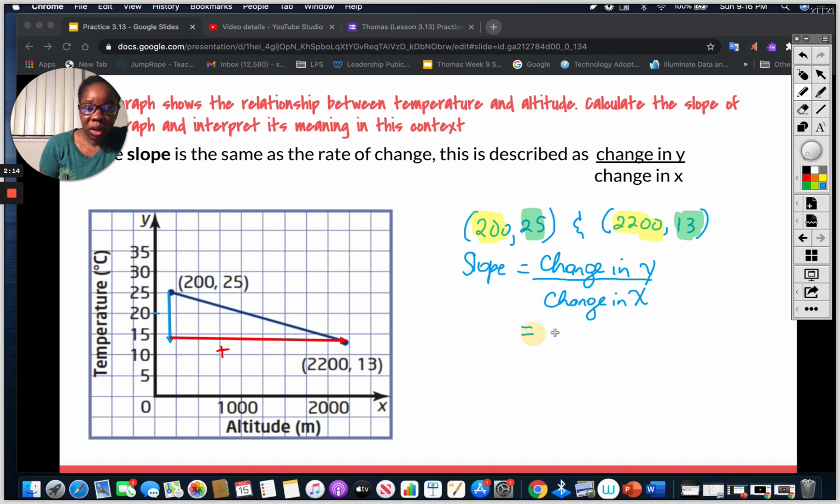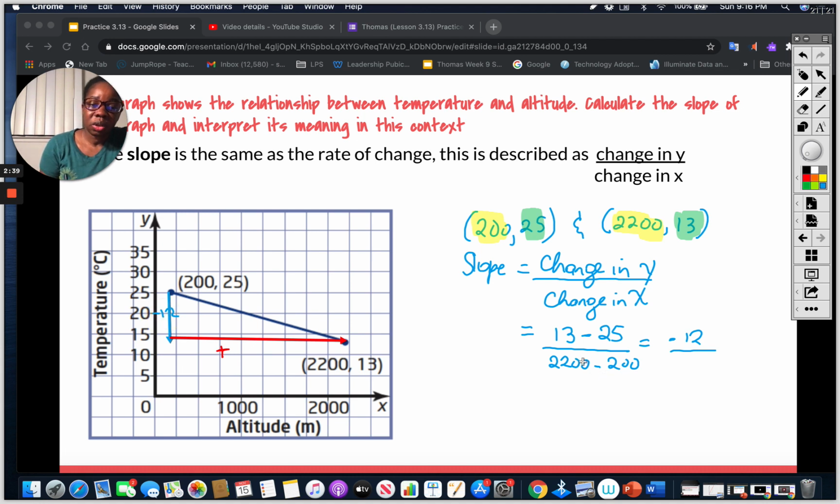So change in y, that is 13 minus 25. Change in x, that is 2,200 minus 200. When that is simplified, if I take 13 from 25, that's going to give me a negative 12. And that's what we had here, a negative 12.